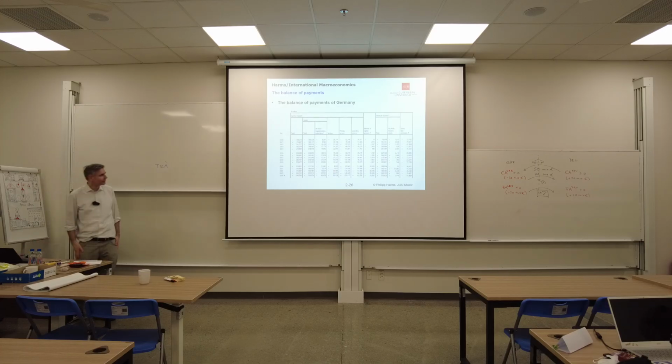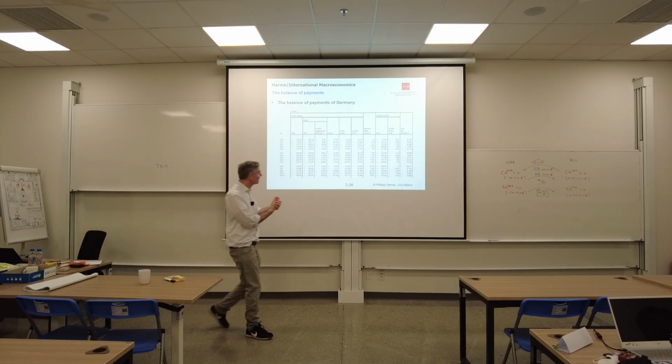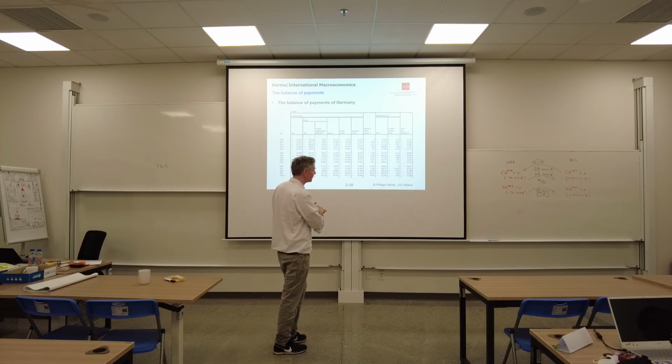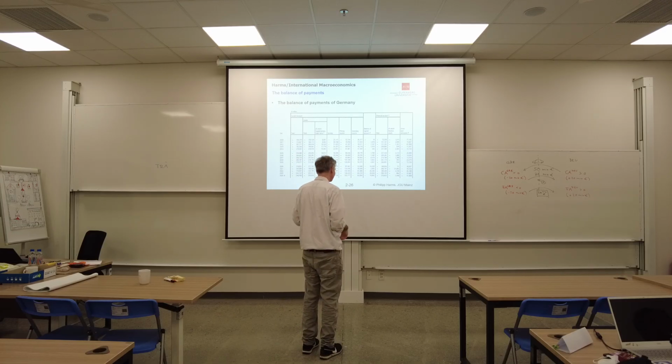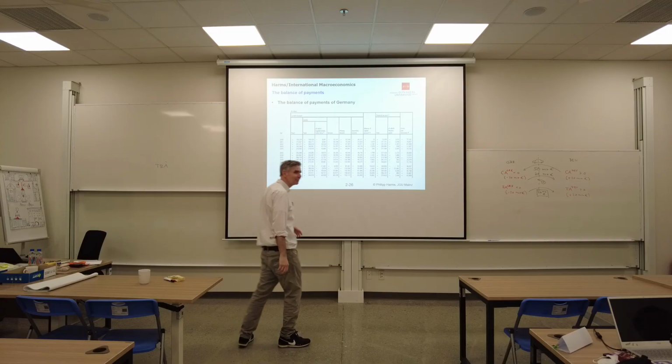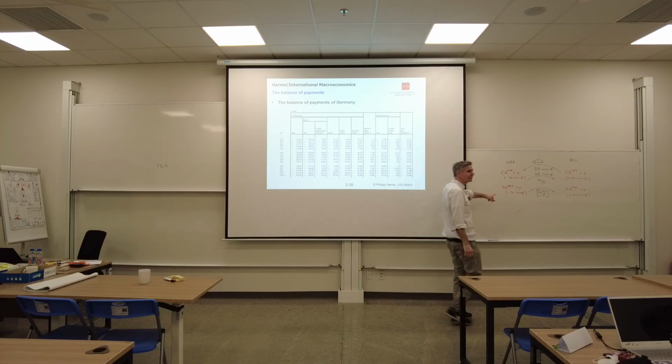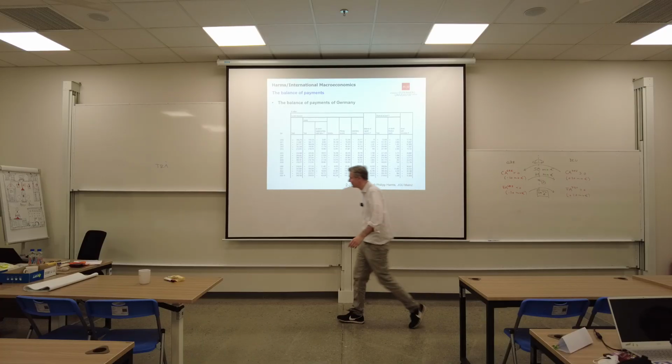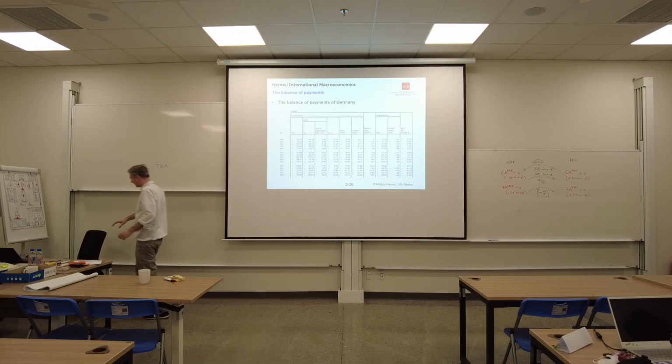Okay, so this is the balance of payments of Germany. Let's look at the numbers, and let's keep this, because if there are some more students coming in the afternoon, they will see what we did in the morning, drawing pictures. Okay, so let's look at Germany.